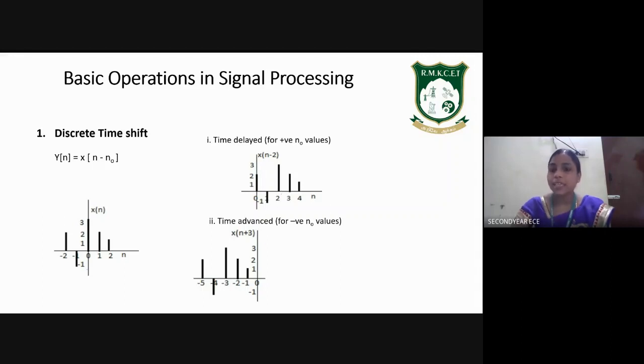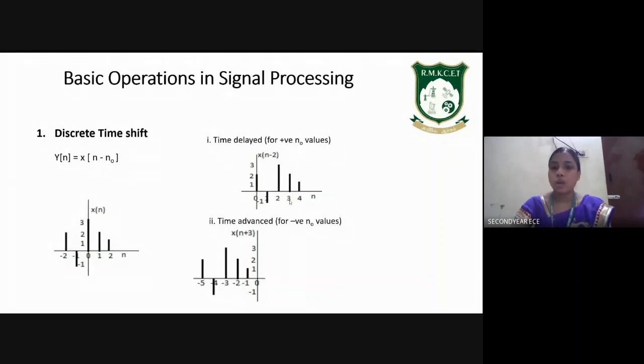You have to calculate next for 3. To calculate the shifted signal x of n minus 2 for 3, substitute this 3 value here. You will get 3 minus 2 as 1. And what is the x of 1 value from the original signal? It is 2 amplitude. So 2 amplitude we will get here.